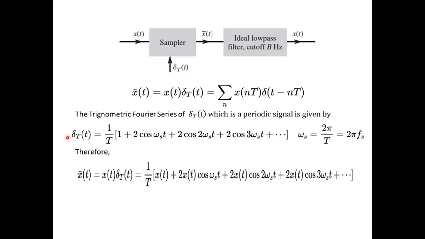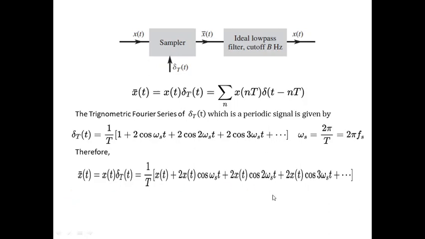Therefore, having derived an expression for the trigonometric Fourier series of delta T of t, we can represent x cap of t, or the discrete time version of the signal x of n, as x of t into delta T of t. So delta T of t is multiplied by x of t, giving rise to this expression.